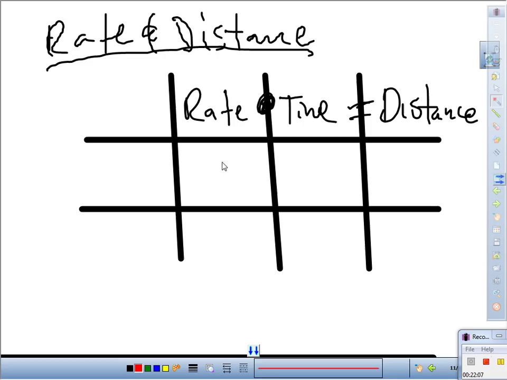Check this out. The rate, you're going to put the first row is that it increases, and the second row that it decreases. Airplane or canoe or boat, whatever it is, or skateboards or bicycles, uphill, downhill, stuff like that.